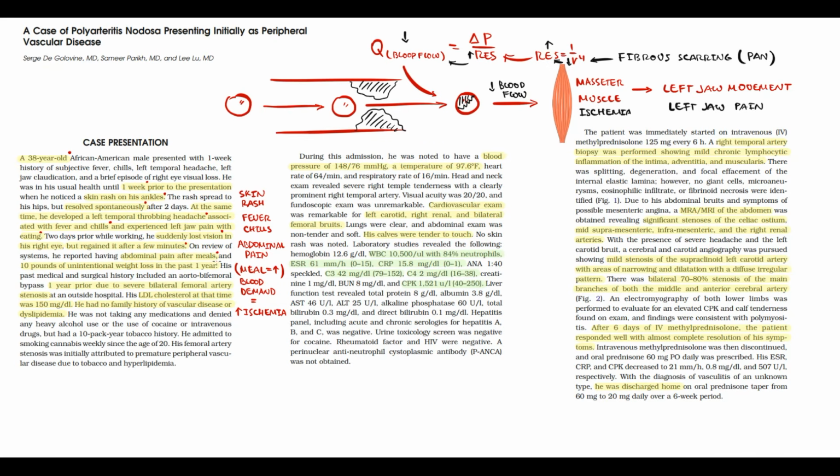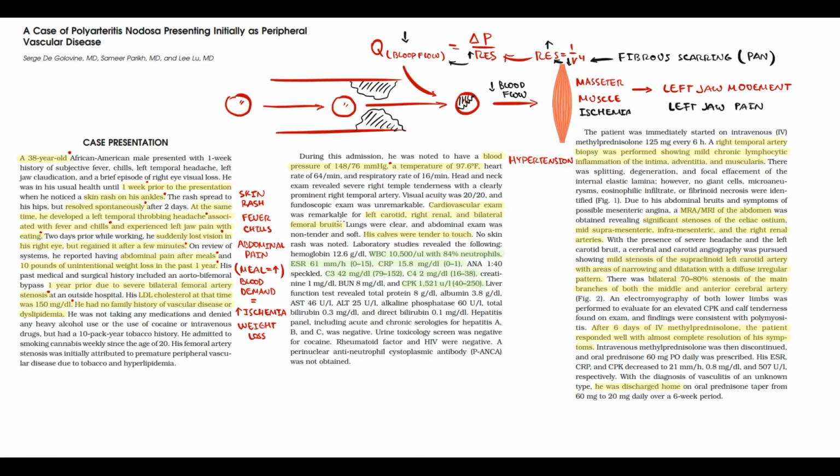Also, he had weight loss, and weight loss is also one of the diagnostic criteria. He had stenosis in the past, but doctors thought that it was caused by dyslipidemia. He had hypertension, and we know that hypertension is also one of the symptoms of polyarteritis nodosa.